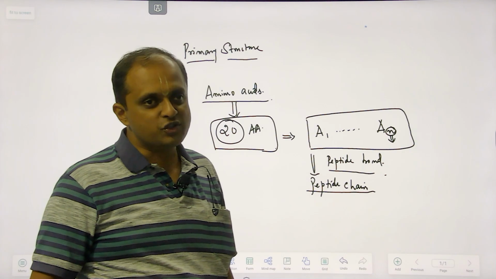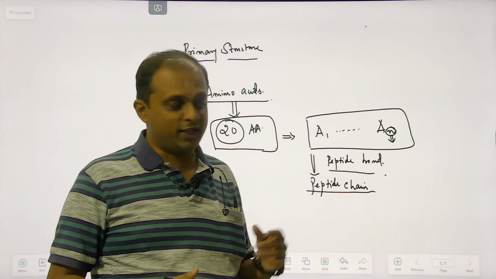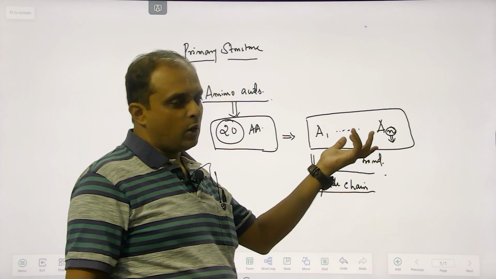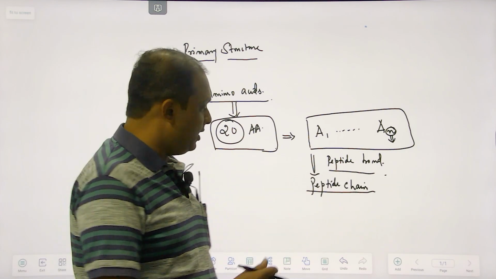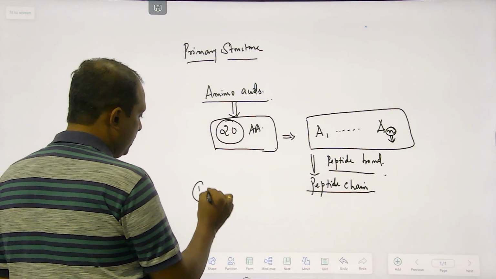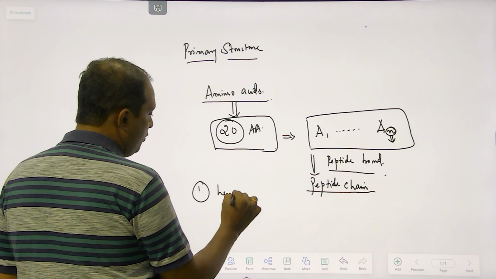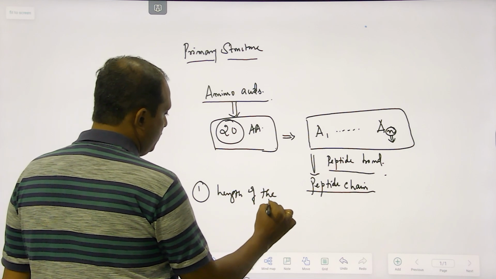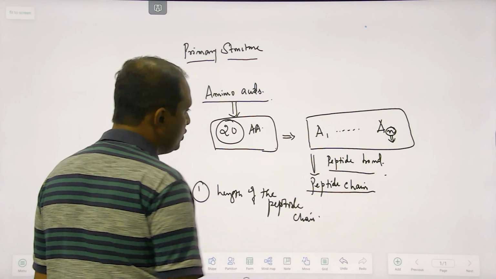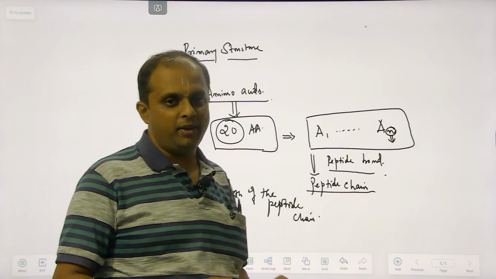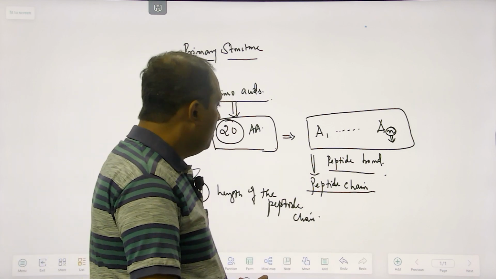If you take insulin as an example, you can expect this N value to be around 51 or so. So one parameter that plays an important role is the length of the peptide chain, okay.